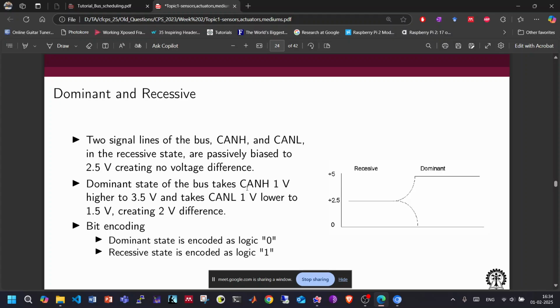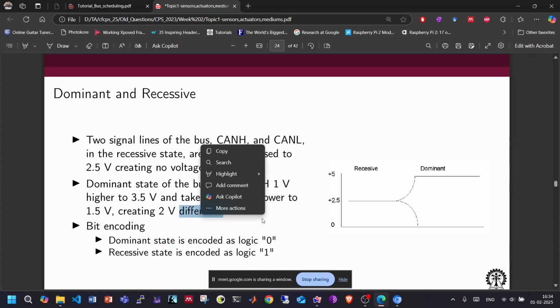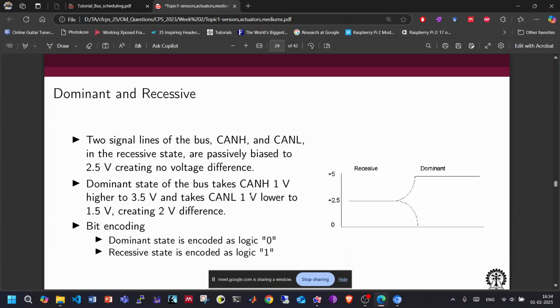And why is the dominant bit encoded with 0 and the recessive bit with 1? When we have a 0, both of the wires should agree to that: one wire has to go 1 volt higher from 3.5, and the other wire has to go 1 volt lower than 1.5. Then only you get that difference. So it is basically an AND phenomenon.